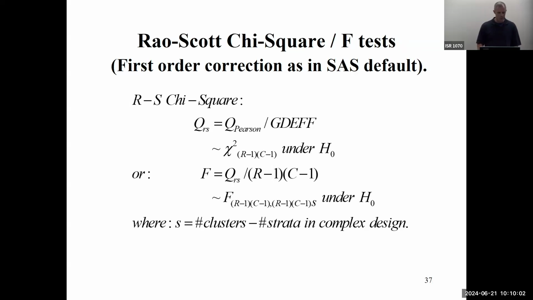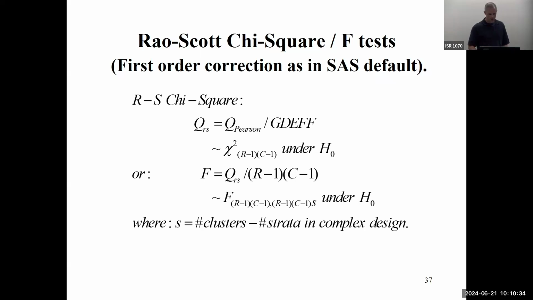Under the first order correction, the numerator degrees of freedom are what we might think of for the standard chi-square: rows minus 1 times columns minus 1. The denominator degrees of freedom are then rows minus 1 times columns minus 1 times the design-based degrees of freedom. So those are the degrees of freedom of that F test for the first order correction, which remember is not the default within Stata or R. It's the default within SAS.